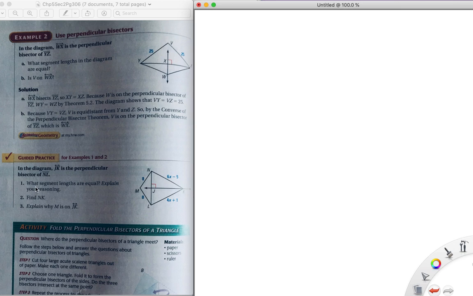So here we go. What are the segment lengths that are equal? We're told that it's a perpendicular bisector, so NK is equal to LK. We have NM is equal to ML. They want you to find NK. Since they are on the perpendicular bisector, I know they're equidistant, so it's going to be 6x minus 5 equals 4x plus 1.